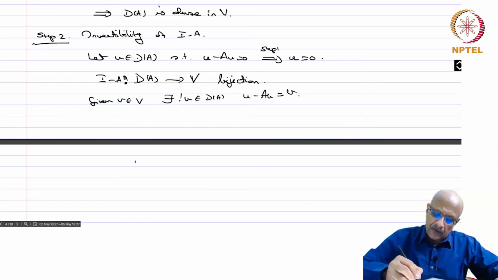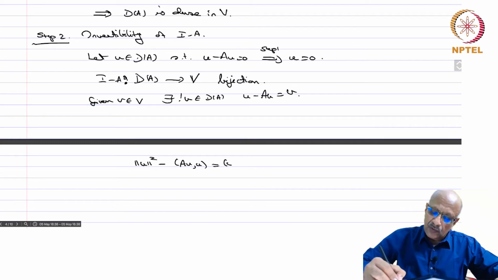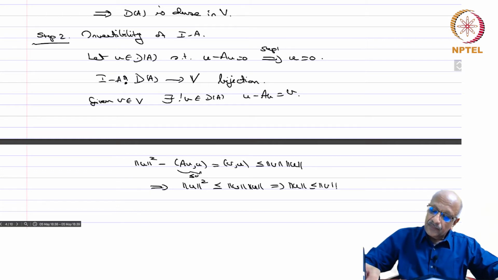So, therefore, you have norm u squared minus (Au, u) is equal to (v, u), which is less than or equal to norm v times norm u. Since (Au, u) is less than or equal to 0, norm u squared is less than or equal to norm v norm u, which implies norm u is less than or equal to norm v.